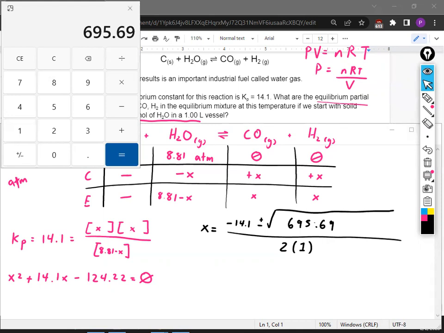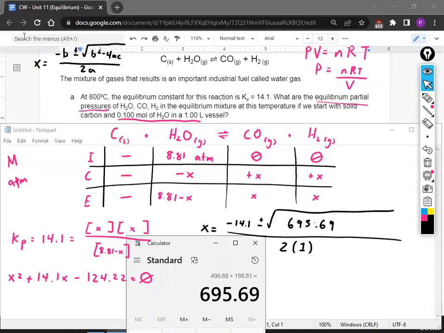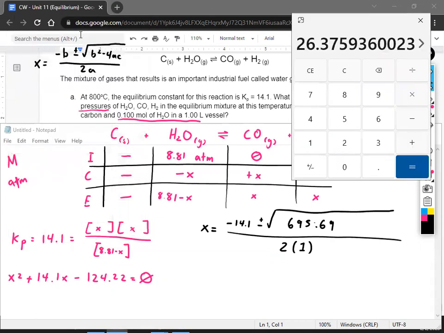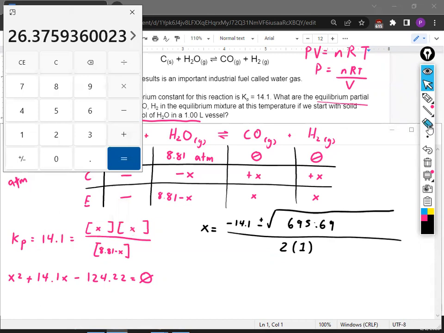I do have that function on this. 26.38. So if you find the square root of that, you should get 26.38. All right. So far, so good?